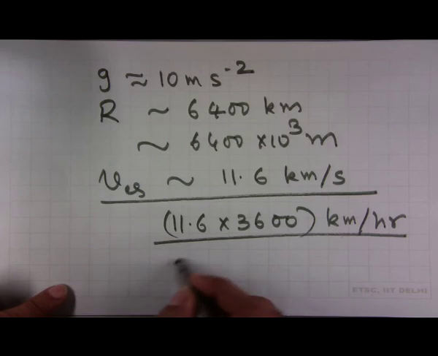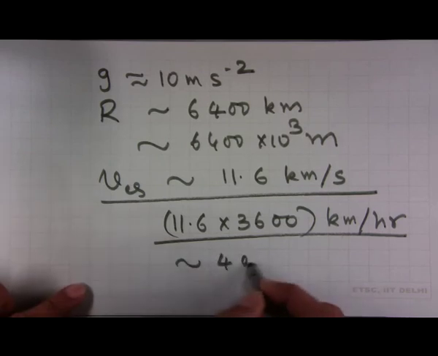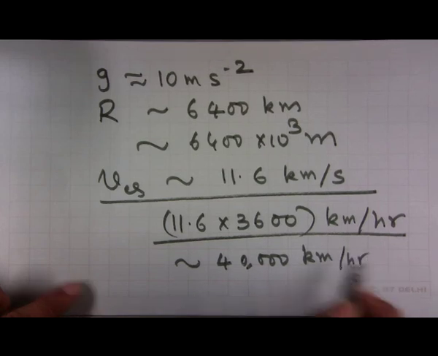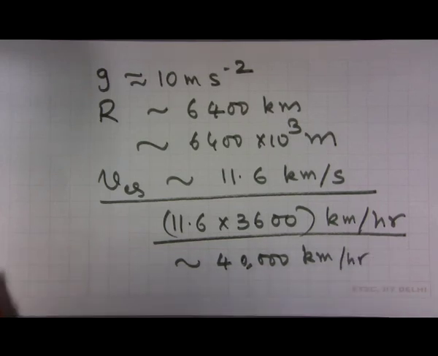That is close to something like 40,000 kilometers per hour. 36 into 11: 36 into 10 is 360 plus 36, 396, there is another 6, actually greater than 40,000 kilometers per hour. That is what we have.